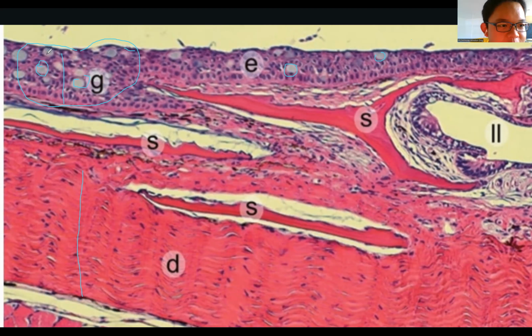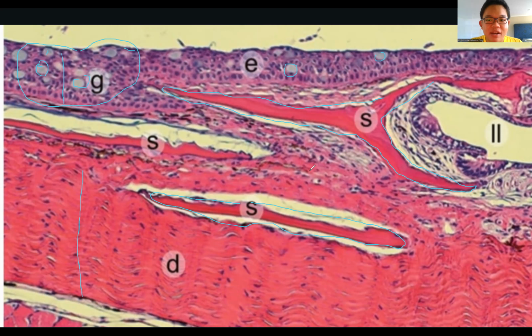Second, we may also find these red structures, which are thickened keratin and a bit of mature bone tissue. These are known as scales. Now, one might wonder why the scales of the fish can be found in the upper part and the lower part of this histological preparation.